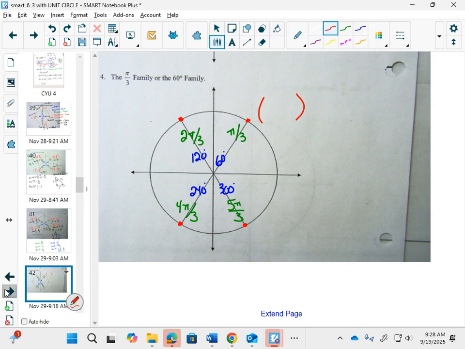Now the coordinates, your x coordinate is cos. When you look at your special triangle, we already figured out cos of 60 degrees was 1/2. And we figured out sine of 60 degrees was root 3 over 2. That means each of these other coordinates will be identical numbers.